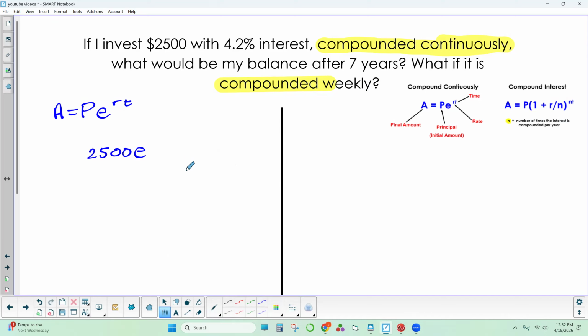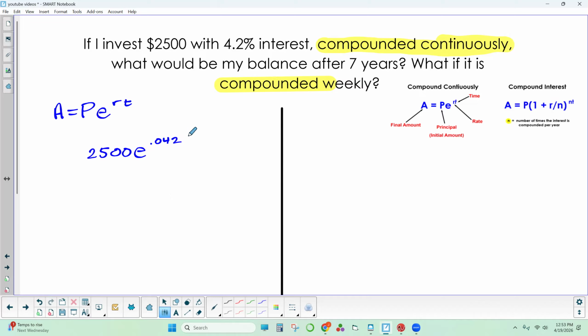So before we calculate that, we need to change the percent to a decimal, and we will do that by moving the decimal over 2 places to the left, which will give us 0.042, okay?